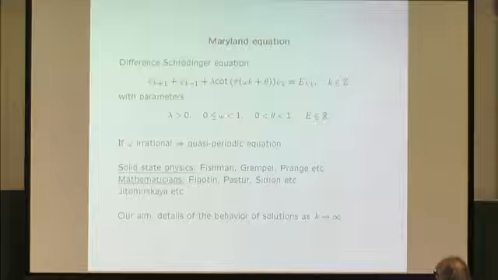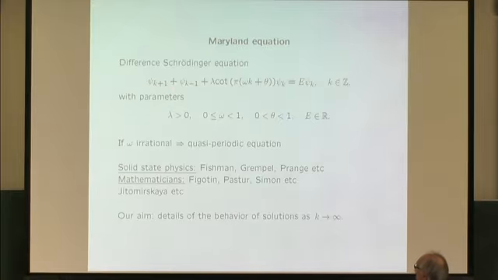Omega, as in the case of the exponential sums, is called the frequency, and theta, as in the case of exponential sums, is called the ergodic parameter. And as we are participating in a conference on spectral theory, you easily recognize here the spectral parameter E.